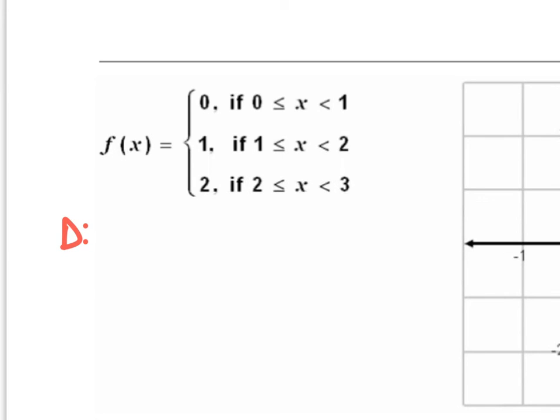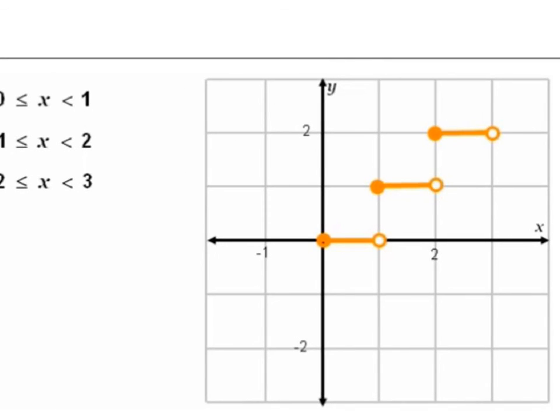I start at 0, so I have x values from 0 all the way to 1. Even though I jump up here, I have values from 1 to 2, and even though I have a hole here and jump up, I have values from 2 to 3.